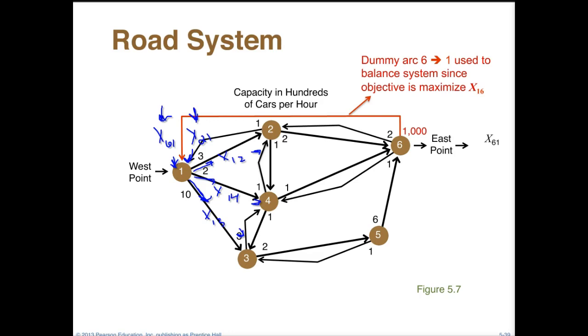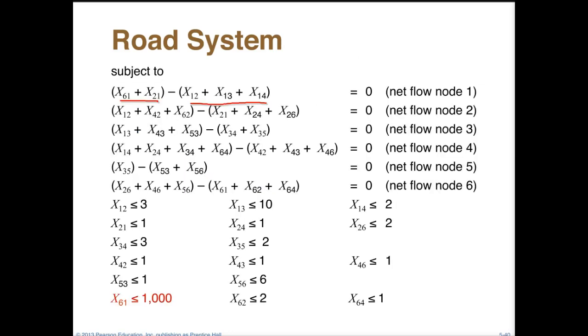And of course, here you're going from node 1 to node 2, node 1 to node 4, node 1 to node 3. And that's why you see it. And of course, the net for that is going to be 0, because again, we want everything balanced out so we can see how much is actually going to go through this particular node 6.1. And of course, if we do that to all the other nodes, this is what we'll end up getting.